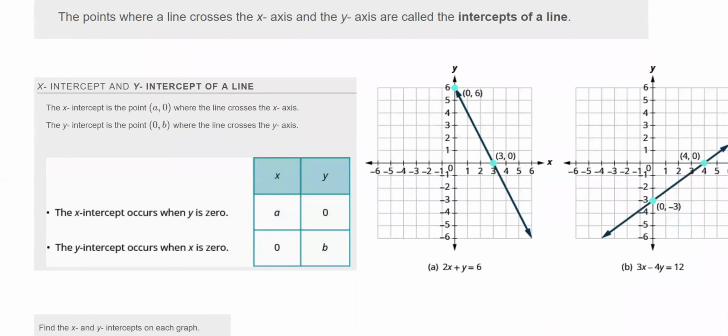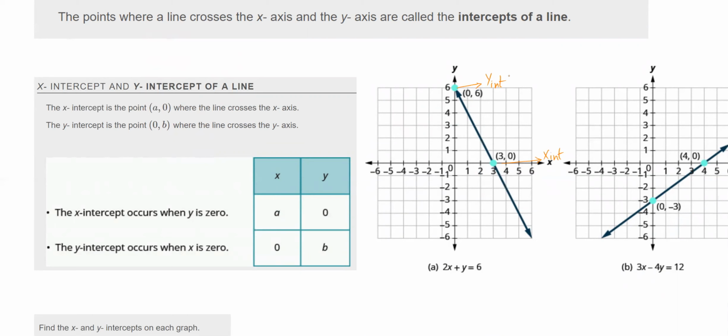As you can see in this example, we have the line, which is our graph. The graph intercepts the x-axis. I call it the x-intercept, INT is short for intercept. And we have the y-axis, the graph touching the y-axis up here.